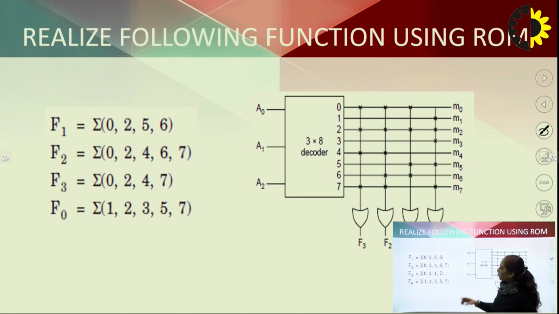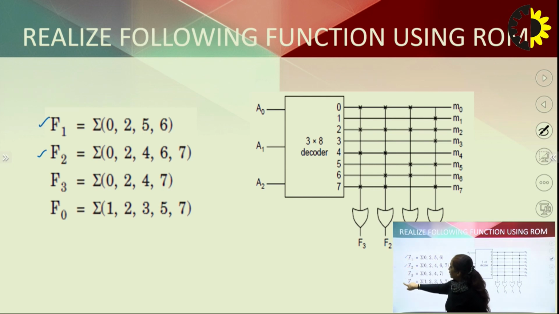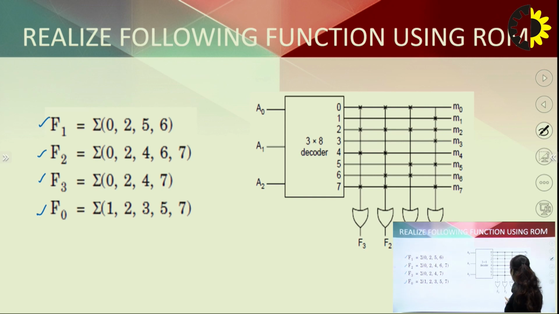For example, we have to realize these functions with the help of a ROM structure. We can see that we have to realize these 4 functions: F0, F1, F2 and F3. So 4 outputs will be there.